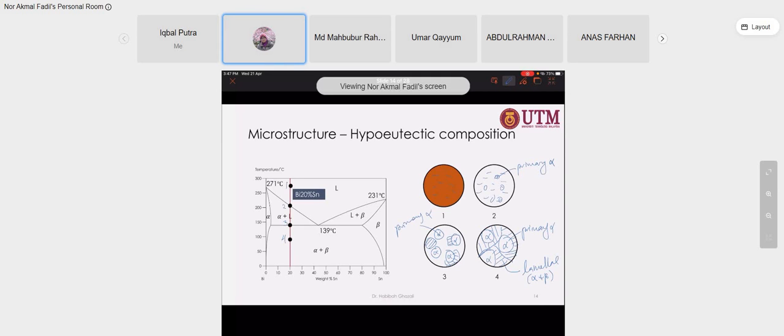Okay, alpha and beta differ in terms of mechanical properties. Okay, why? Because beta is rich with stannum, and then alpha is bismuth rich. Okay, bismuth rich solid solution.